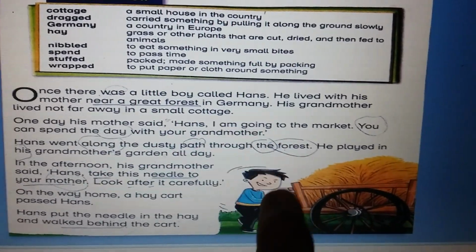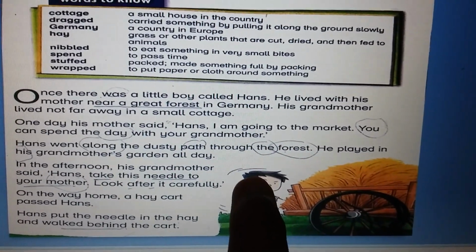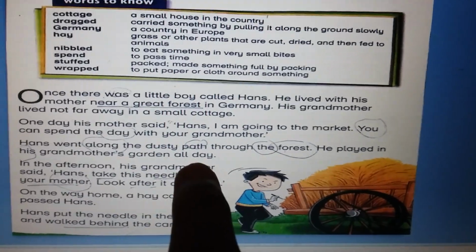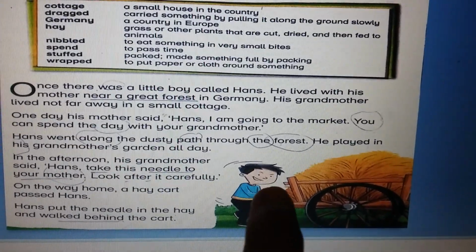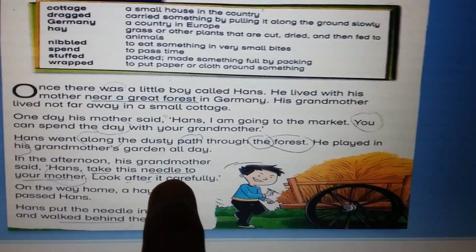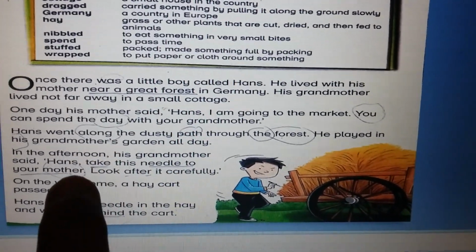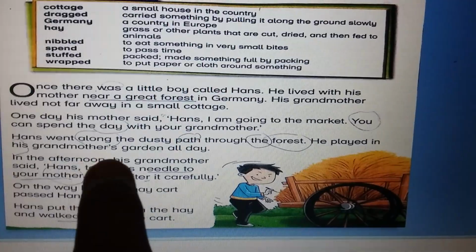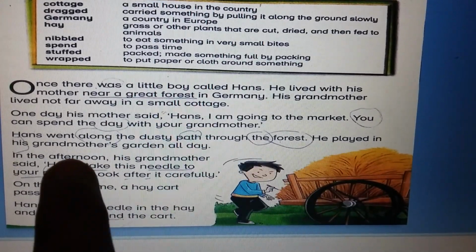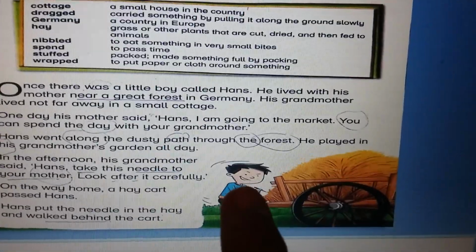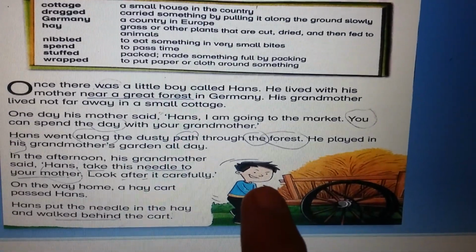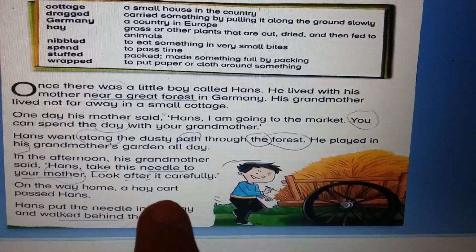And where did he spend the whole day? He spent the whole day with his grandmother. What did he do there? He played the whole day in the garden. What did his grandmother give him when he was returning home?